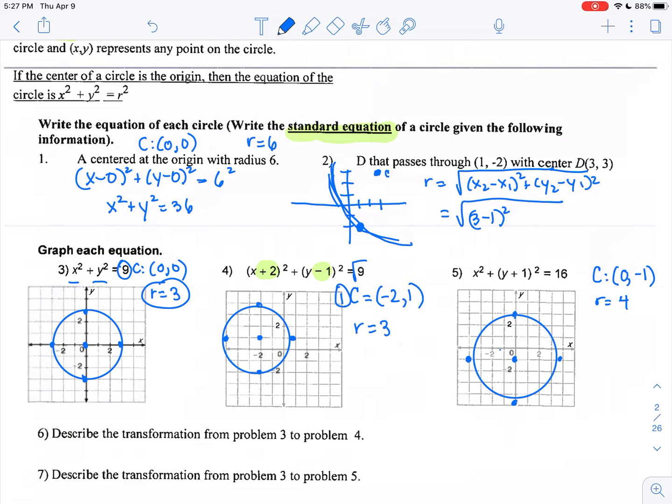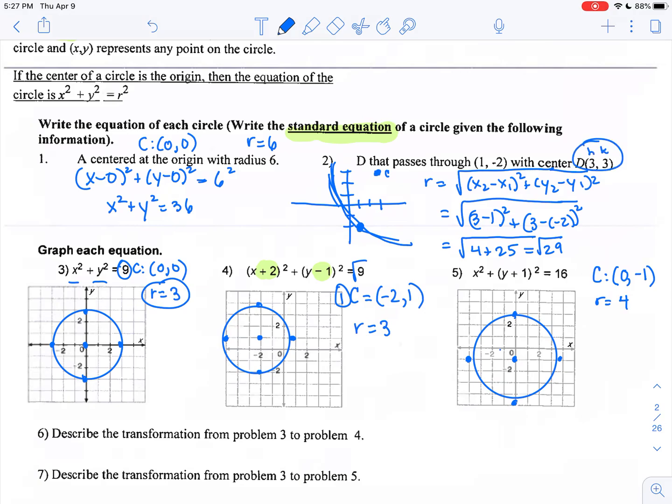So 3 minus 1 squared plus 3 minus a negative 2 squared. If I simplify that out, 3 minus 1 is 2, and 2 squared is 4. 3 plus 2 is 5 because of the double negative, and 5 squared is 25. So the square root of 29 is equal to my radius.